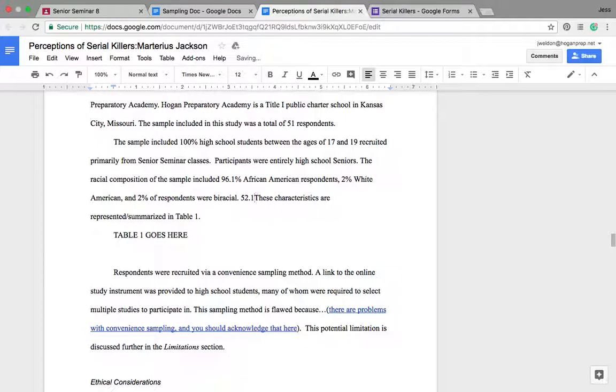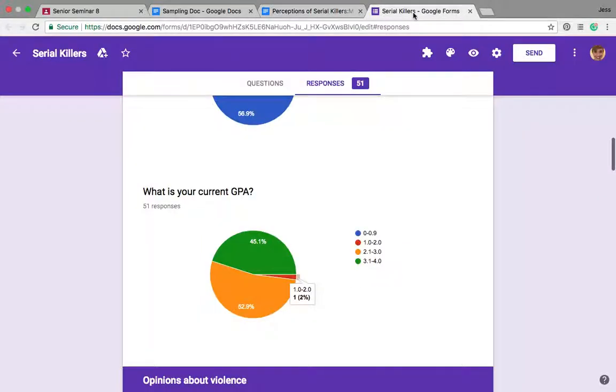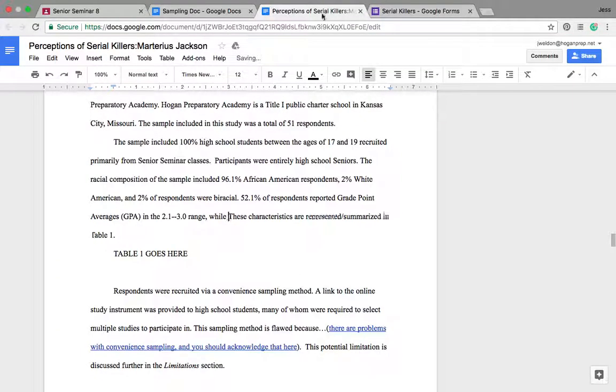I think that's what I said. 52.1% of respondents reported GPA in the, I think I said 2.1 to 3.0 range, while 45.1%, oh crap, I think it was 3.1 to 4.0 range.